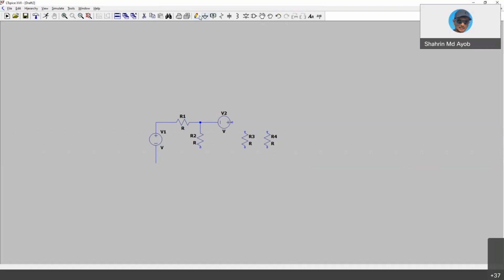Okay, and then go back to the wires, so rewire again, press and release, press and release. Okay, so right now we have already completed the circuit drawing.